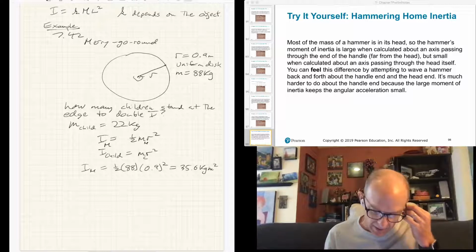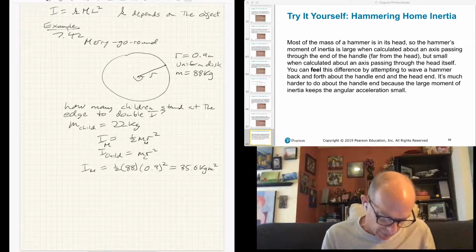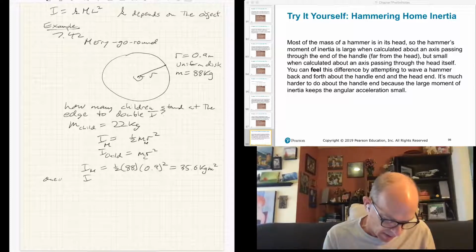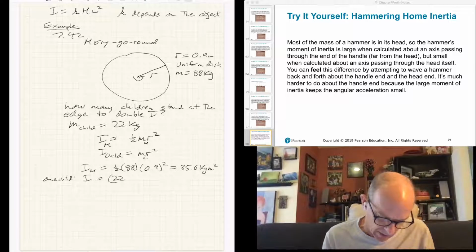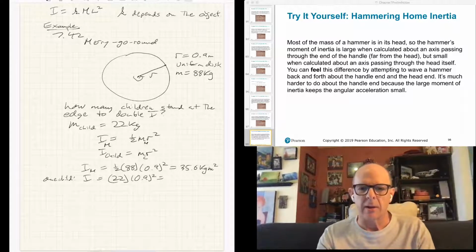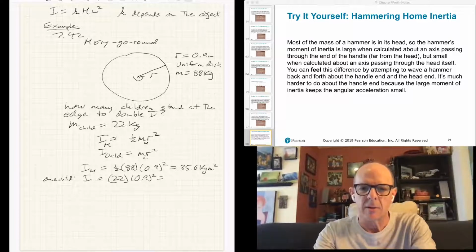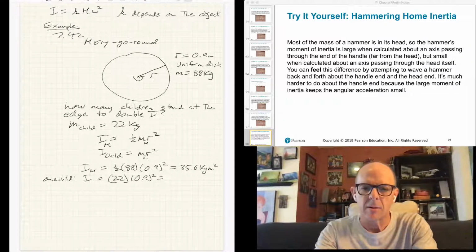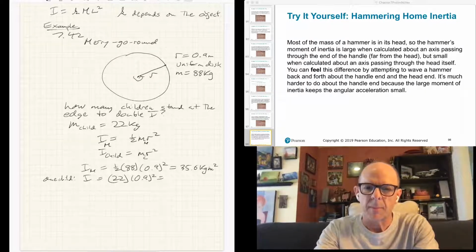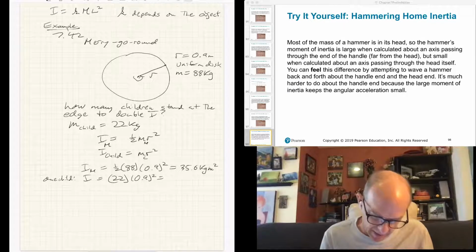And I want to double it. Well, the moment of inertia of one child is just 22 times 0.9 squared, and that is 17.8 kilogram meters squared.